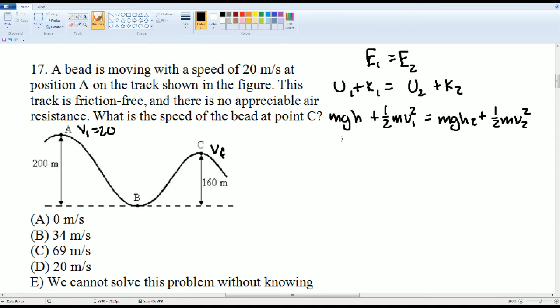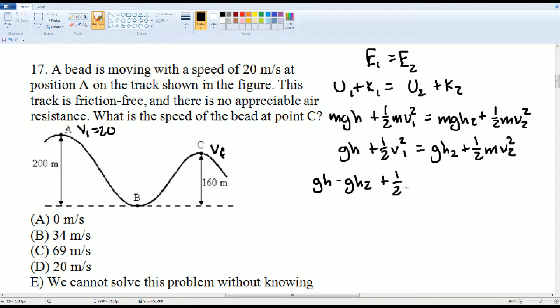Okay, masses go away. Okay, subtract everything over. So it's gh1 minus gh2 plus 1/2 v squared 1 equals v squared 2.